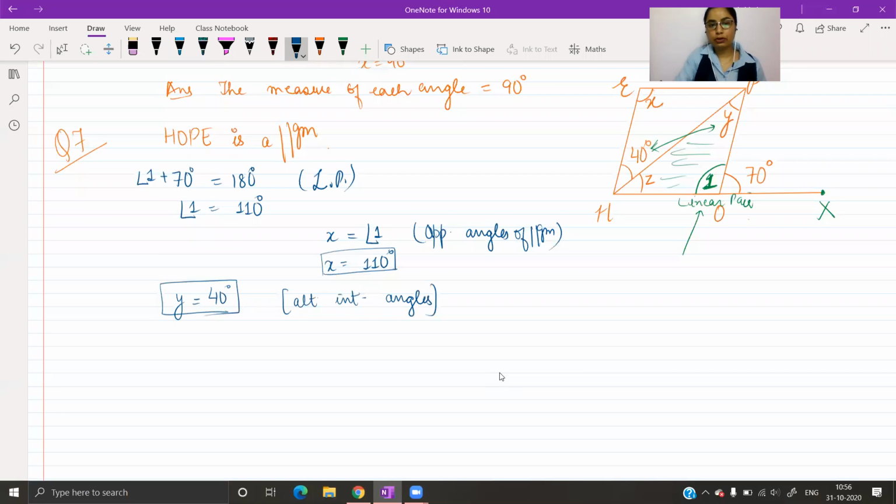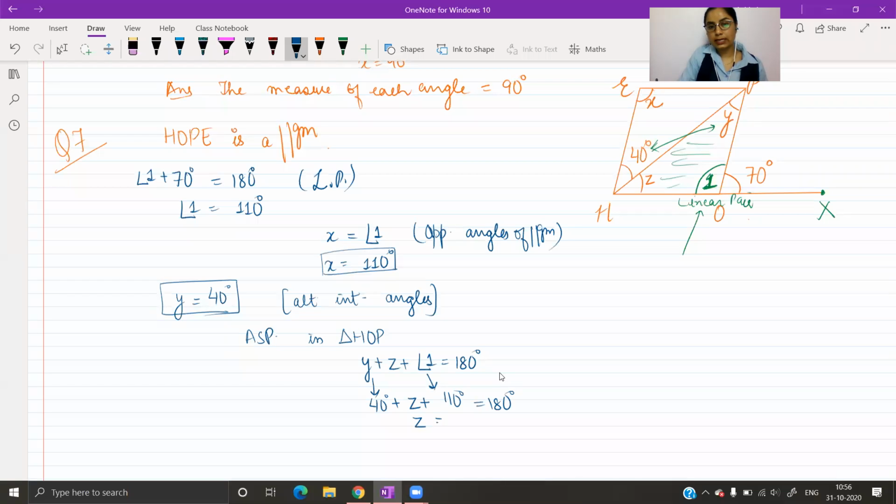Now for z, I'm going to apply the angle sum property in triangle HOP. So in triangle HOP, the three angles are y, z, and angle 1. Their sum will be 180 degrees. For y, the value is 40. Z, I don't have. Angle 1 has a value of 110 degrees.